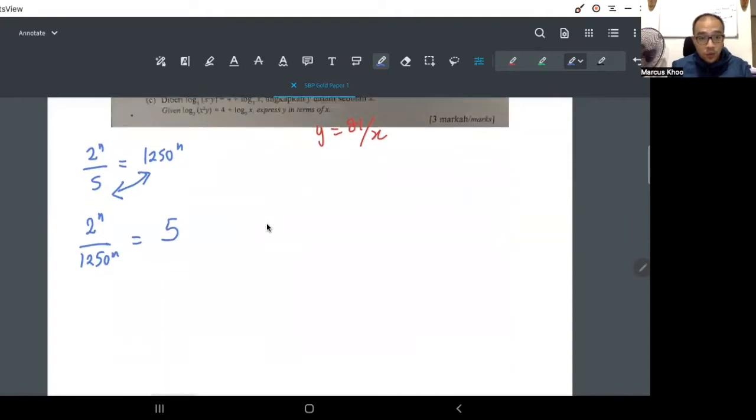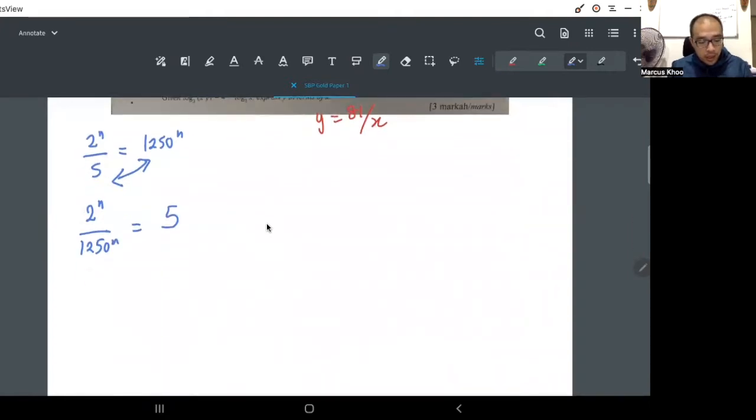Then what you can get now is since both of these are power of n, you can bring it into the same bracket. So 2 over 1250 to the power n equals 5.